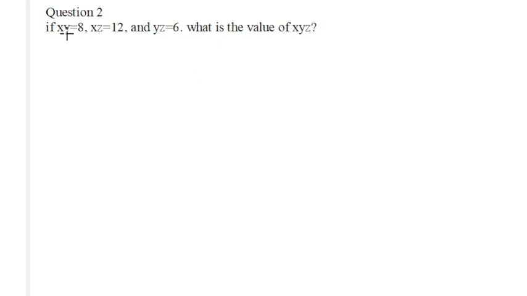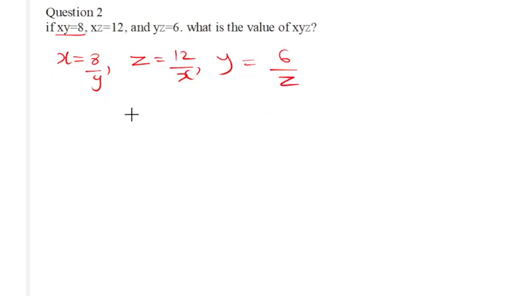Now from this first one, we say x is equal to 8 over y, and from the second one, z is equal to 12 over x, and from the third one, y is equal to 6 over z.